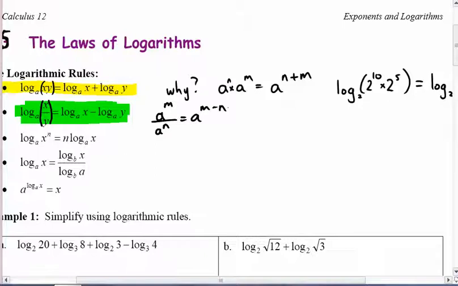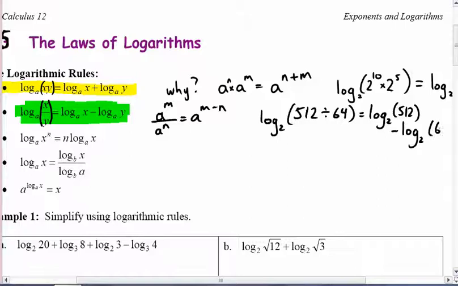This is very closely connected to the exponent laws. And again, on the worksheet we saw this with things like 512 divided by 64. And you can check that on your worksheet. That's the same as just taking the log base 2 of 512 minus the log base 2 of 64. Okay. You can just subtract the 2 logs individually.